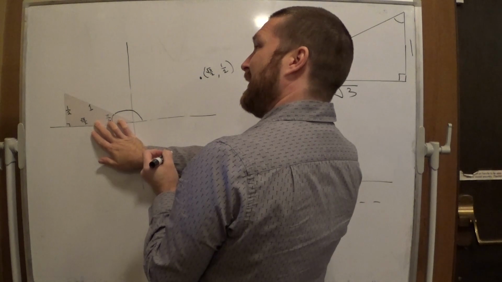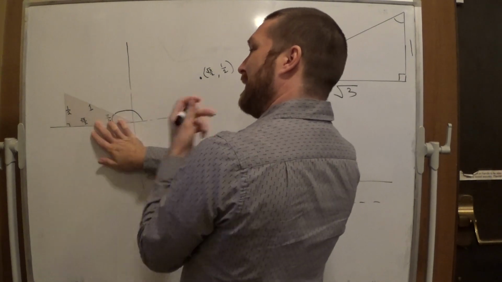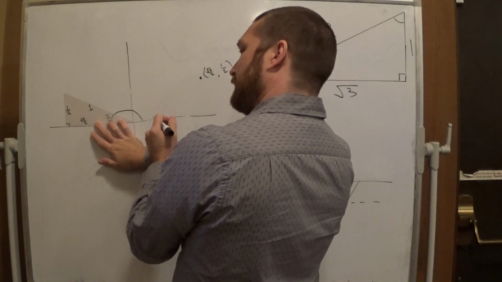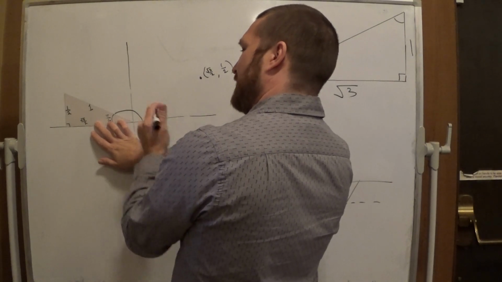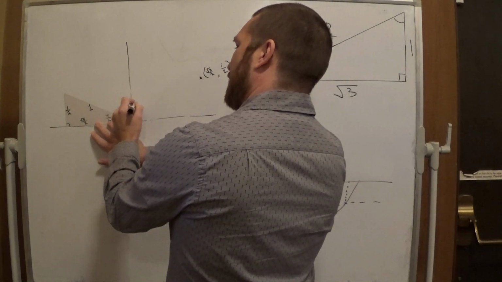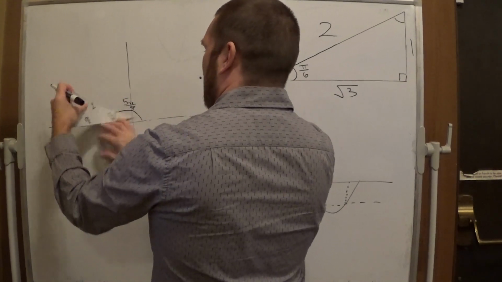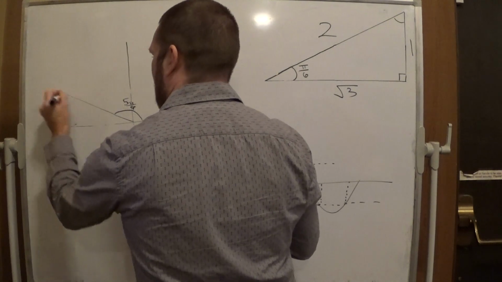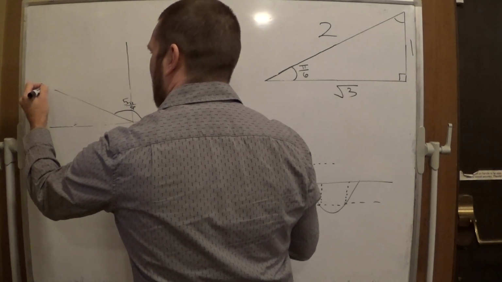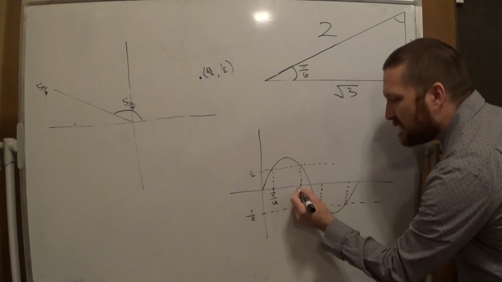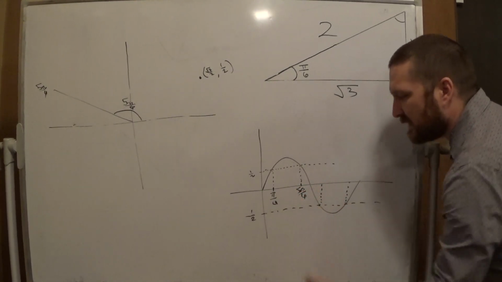From there to there, pi minus pi over 6, which would be 6 pi over 6 minus pi over 6, so 5 pi over 6. And if you remember the very first thing I told you to memorize, this is 5 pi over 6 right there. And so you know that this must be 5 pi over 6.